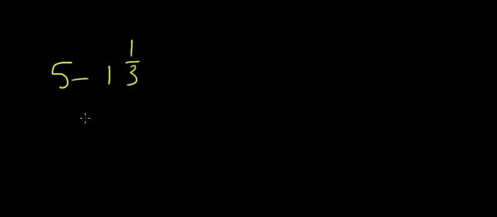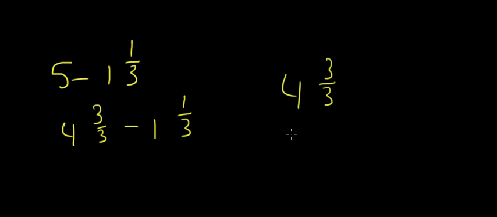Okay, so look at lesson 26 and make sure you remember how to change this around, so we can manipulate our numbers, right? Remember, it's something like 4 3/3 is the same thing as saying 5. So we can put 4 3/3 on top, or above, I should say, 1 1/3, and we subtract 4 minus 1 and we get 3.